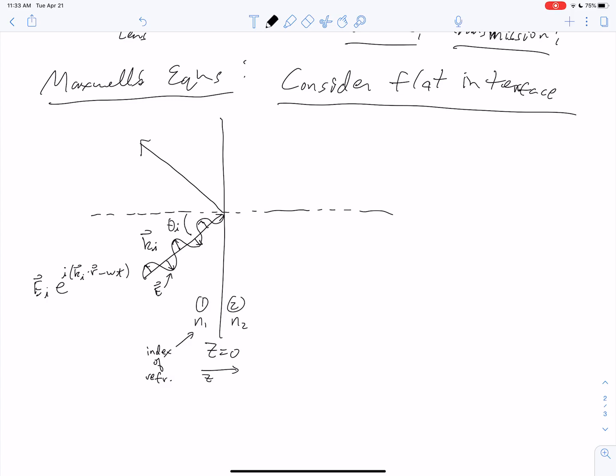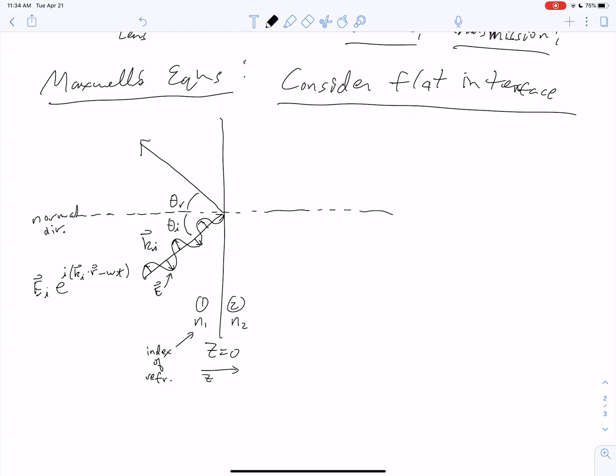So there's my reflected wave, and this I'll call the angle of reflection. And this is the normal. The dashed line is the normal direction, perpendicular to the surface, to the interface.